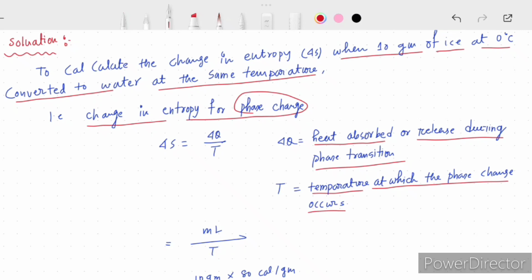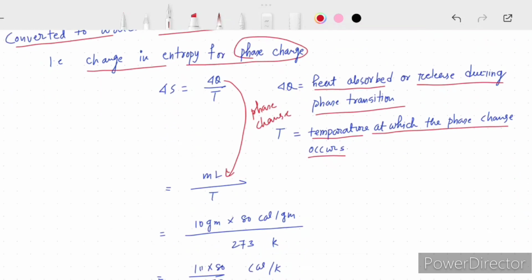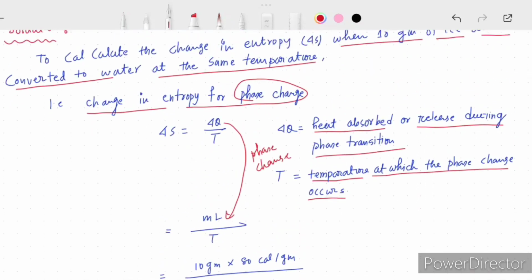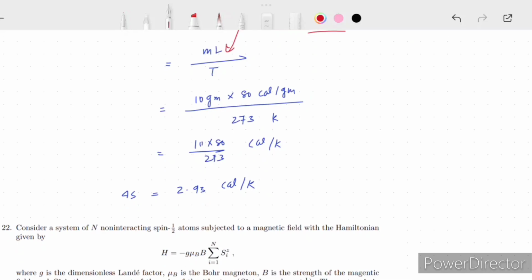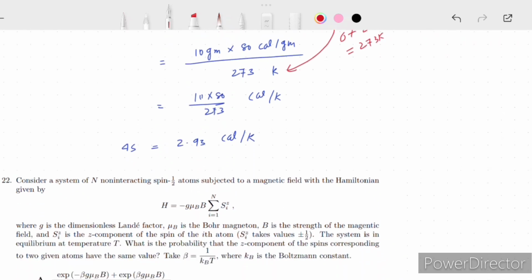So here this is the value of heat absorbed for phase change, that is nothing but mL. M is 10 gram, L equals 80 calorie per gram, and T equals 0 degree centigrade plus 273 Kelvin, so this equals 273 Kelvin.